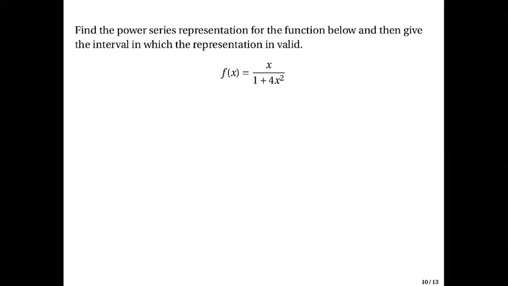For this example we again use the following. If the absolute value of x is less than 1, then we have the series x to the n from 0 to plus infinity, this is 1 over 1 minus x.